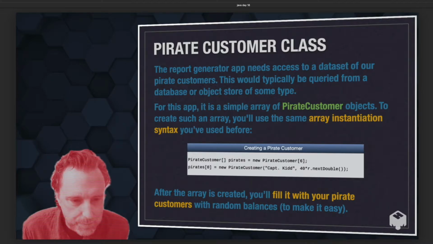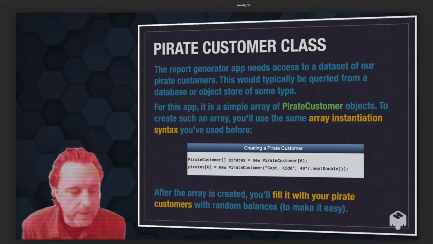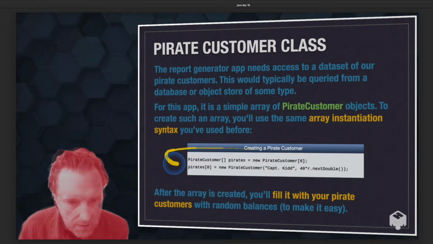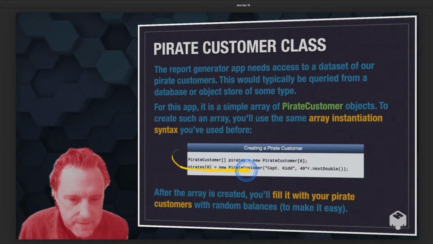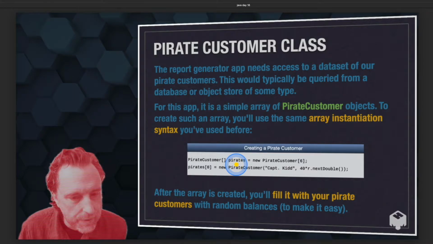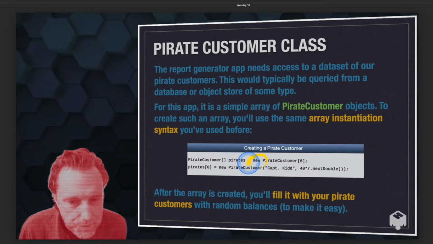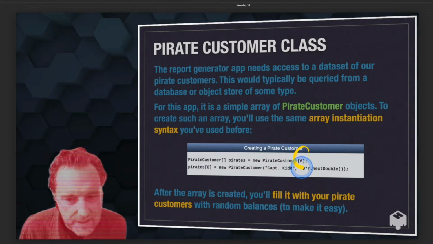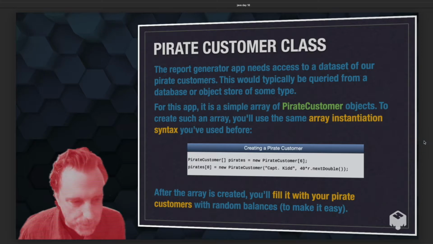So the class is PirateCustomer, capital P, capital C. If we want to create an array of that type, the syntax is this first line of code: PirateCustomer, and then open and close square brackets, the name of the array, which I called pirates, the assignment operator, the new keyword. So we're instantiating an array of PirateCustomer objects sized at 6 pirate customers. That's just the standard array creation syntax.